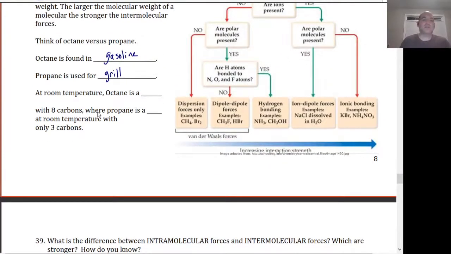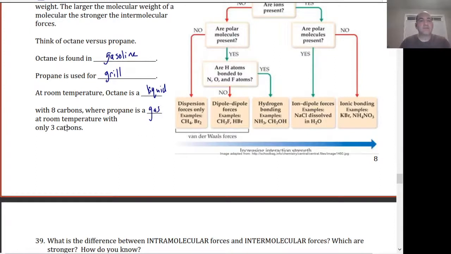So at room temperature, octane is a liquid, whereas propane is a gas.